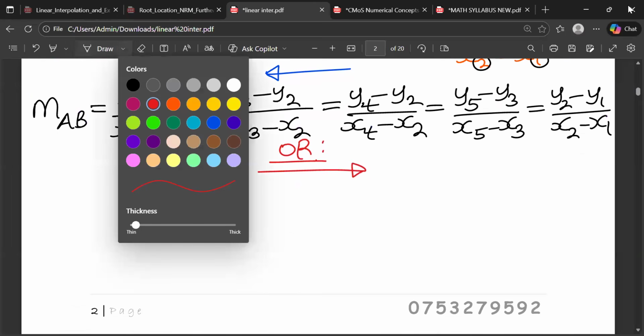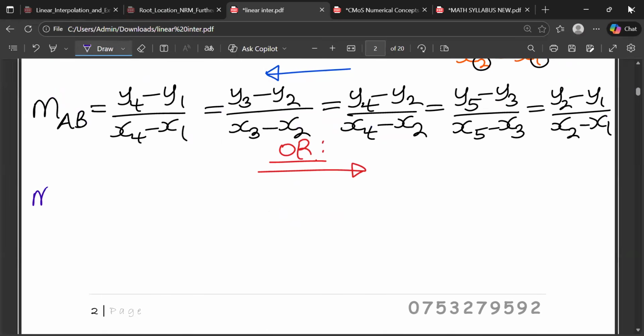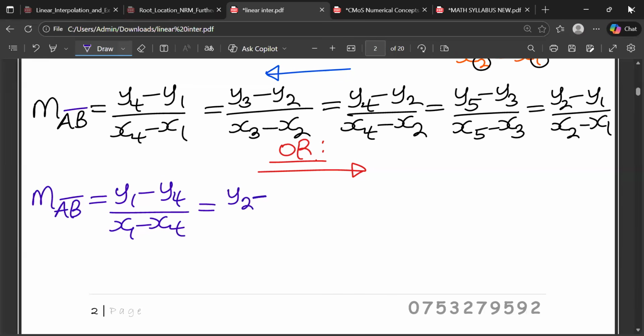So now let's change our minds and say the gradient of the line AB. To show that it is a line, you can just put a line on top like that. So here you just say y1 minus y4 over x1 minus x4, and I told you it is the same thing. Then you come here and we are just changing direction: y2 minus y3 over x2 minus x3, following the other opposite direction.